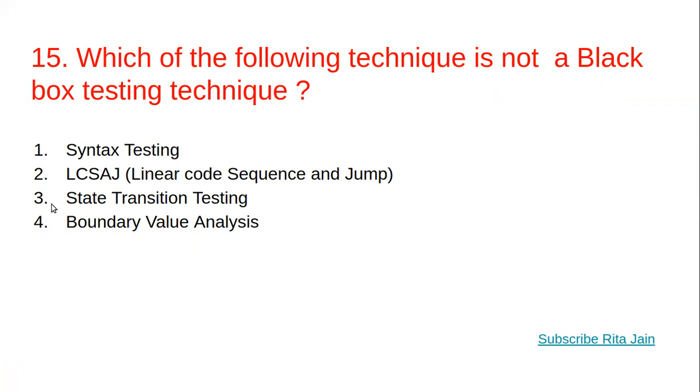So guys, 3 and 4 could not be the answer. These are straightforwardly the names of black box testing techniques. So only confusion is 1 and 2. One is also used in black box testing. So the right answer is LCSAJ, linear code sequence and jump, which is in fact a white box testing technique. So let's see the answer. Yes, so the right answer is 2.